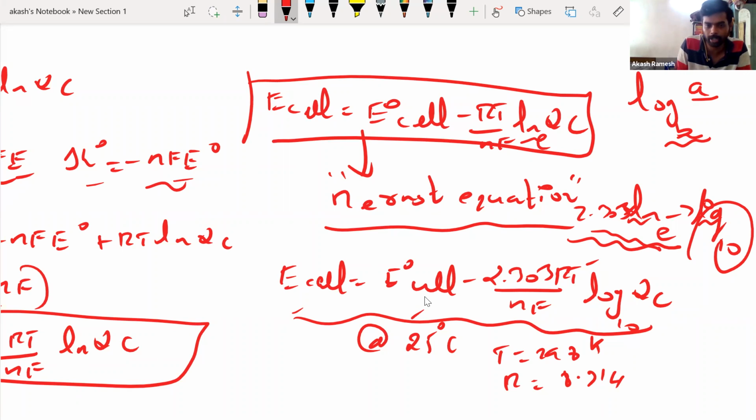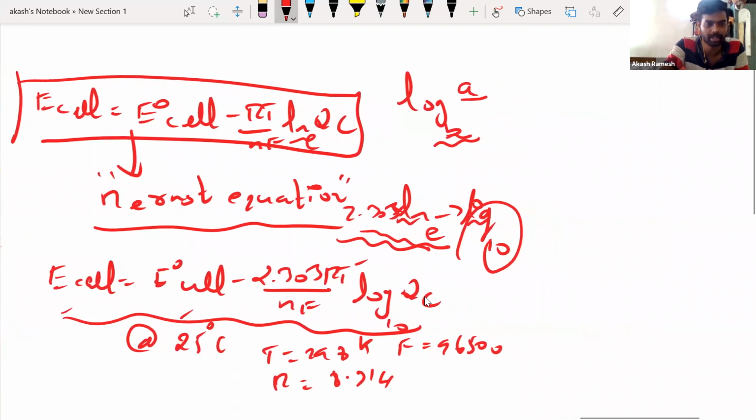Anyways, R value is 8.314. n value we don't know, it depends on the reaction. F value is 96,500. If you substitute all these values into this equation, 2.303, 8.314, 298 Kelvin, and 96,500, you are going to get a simplified equation like this.